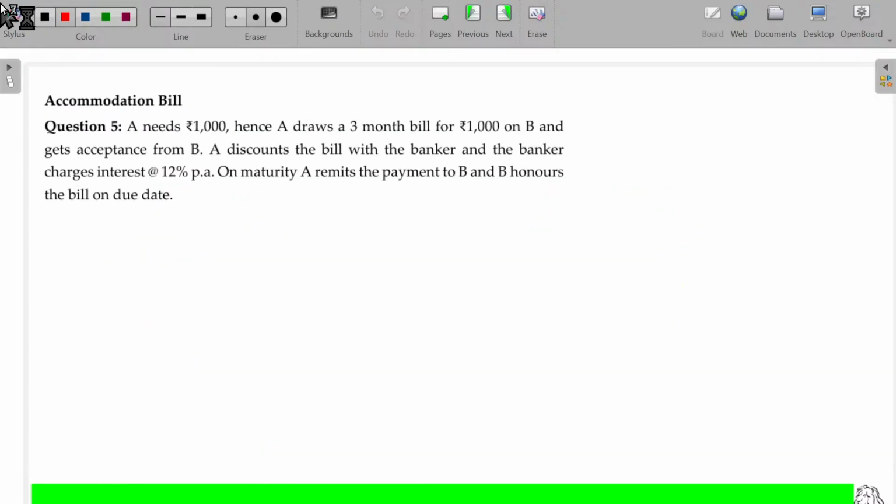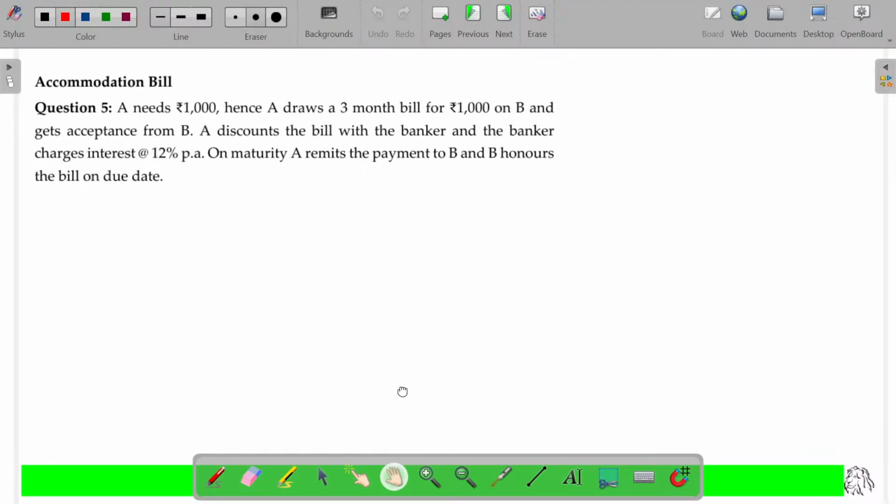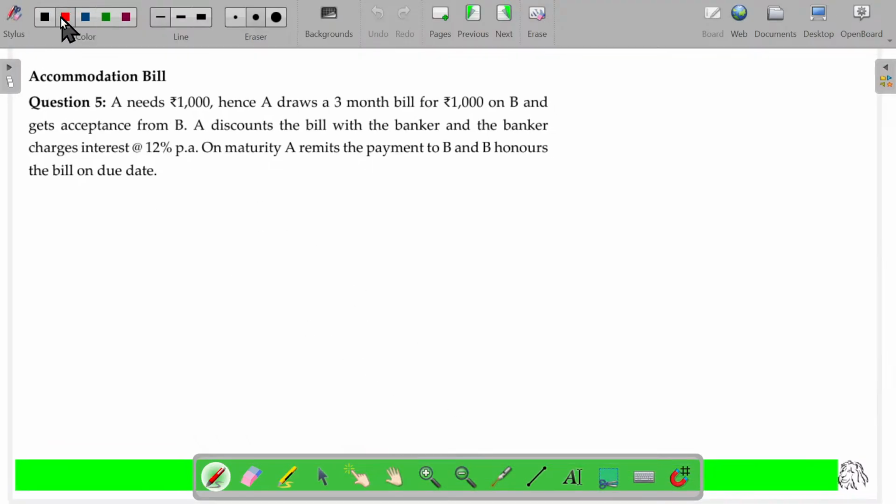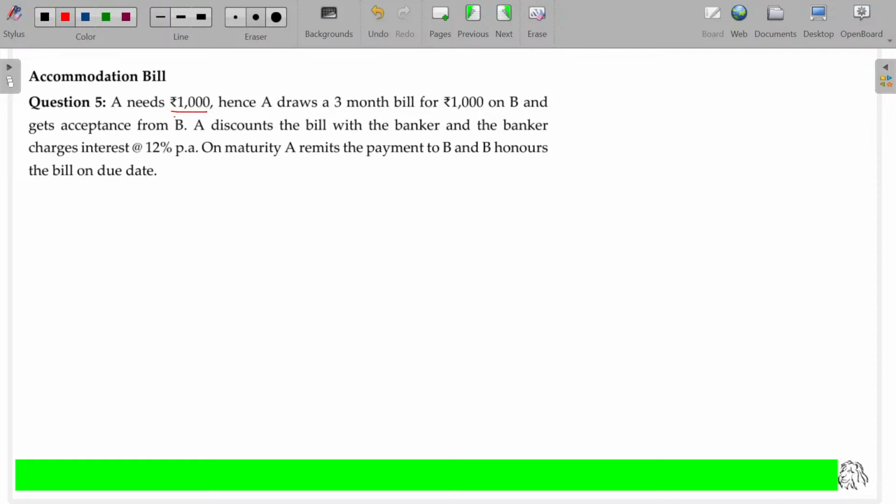Let's see question number 5. A needs 1,000. Hence, A draws a 3-month bill for rupees 1,000 on B and gets acceptance from B. A discounts the bill with the banker and the banker charges 12% per annum.